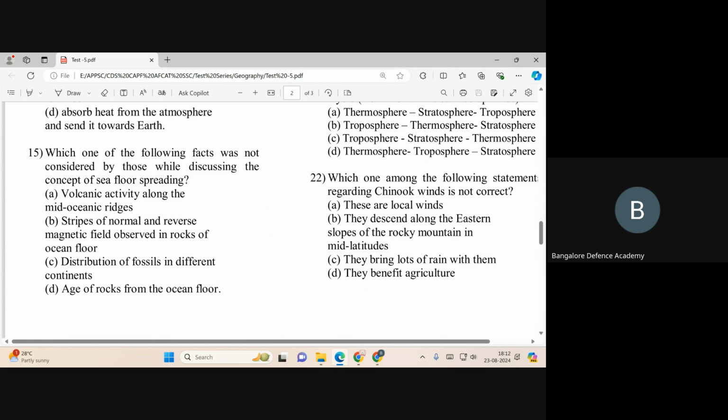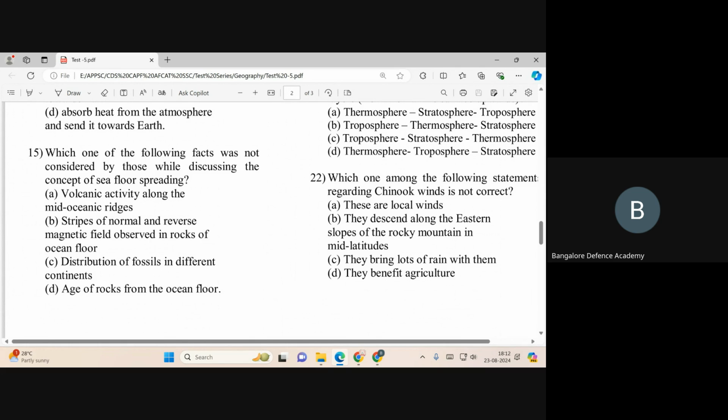These types of questions are very important for CDS. See, I took these questions from the CDS, and the level is CDS level. From this you can understand that I am not teaching something very deep. I am teaching up to the extent it is required for the CDS. Don't think it is a normal exam, because it is conducted by the UPSC.